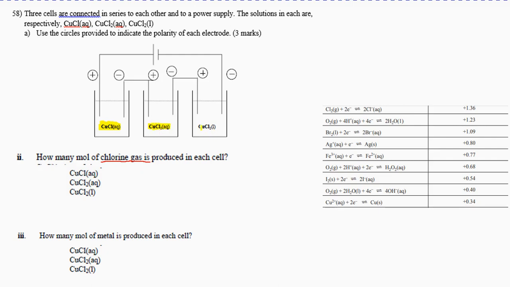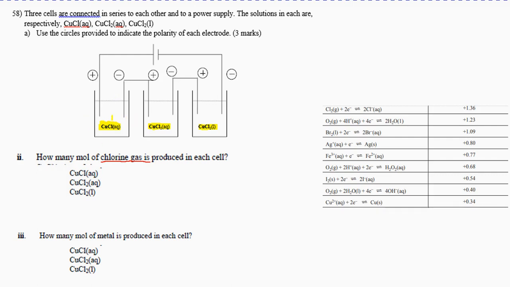And then we have got copper 2 chloride, but this is in the liquid form, so it's molten. So each cell is slightly different. So what I would do is I would have gotten out my electrochemical series and I would have looked at each individual cell to see is chlorine gas actually even produced in the cell, and then from there I could have worked out how many moles of the gas is produced.